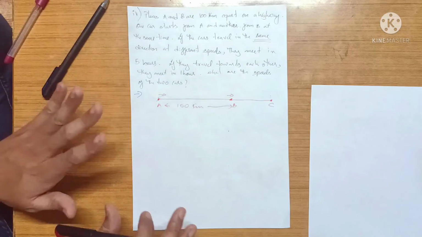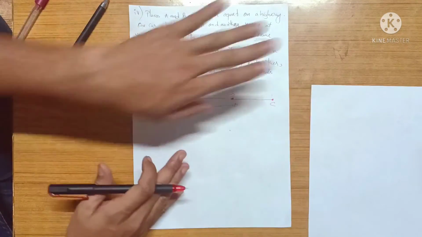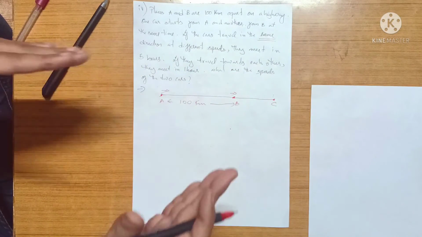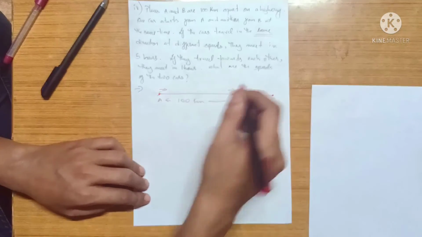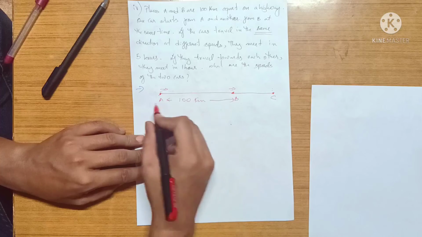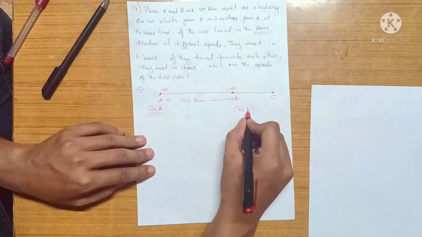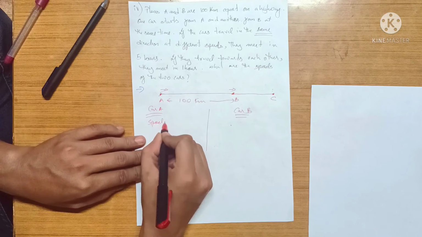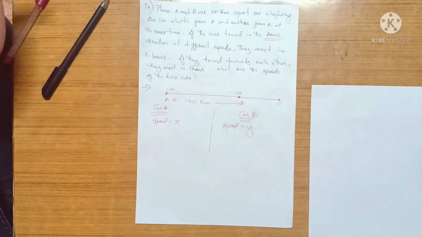They are moving at uniform speeds, which means whatever speed they started with, they keep moving at that constant speed. For car A and car B, I'll write here again: speed we'll take as x for car A and y for car B, because they have different speeds.